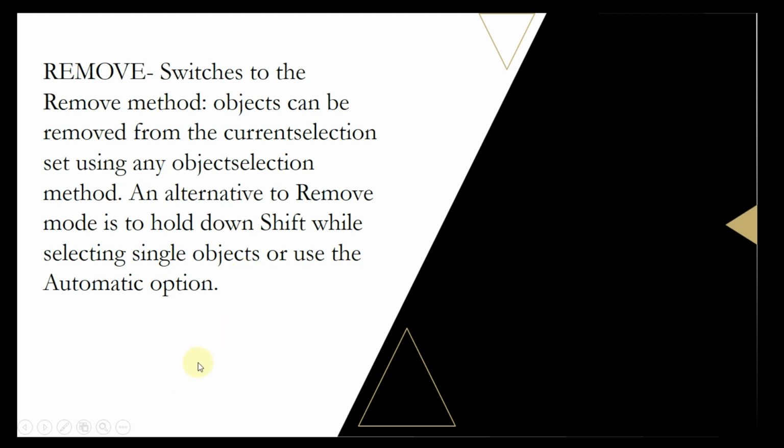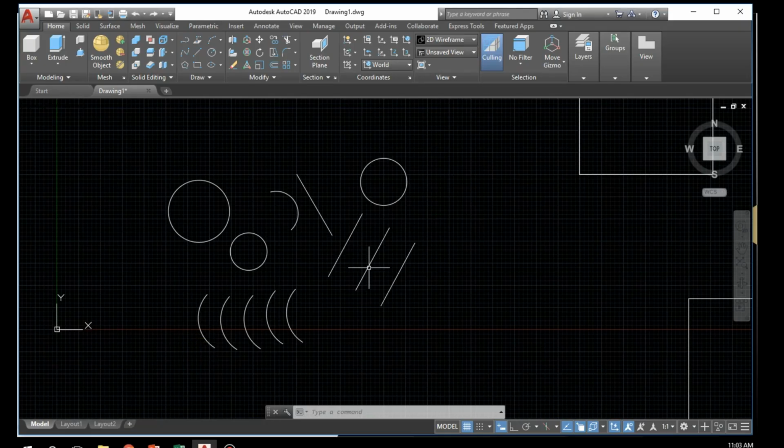So, let's go back to AutoCAD. Let's use the erase command again. Then, we're going to simply type in remove. Then, remove object. So, ang lalabas doon sa command natin is remove object. When we click an object, this will happen.